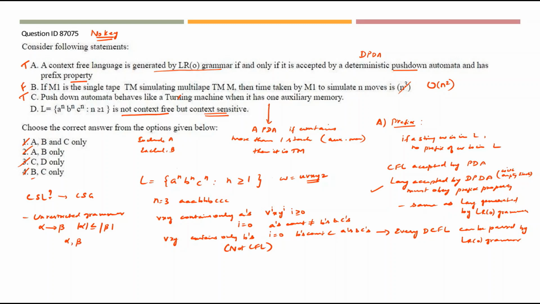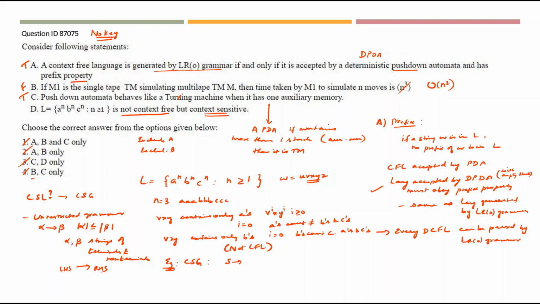Alpha and beta are strings of terminals and non-terminals. A restricted grammar gives a regular language, but as you go higher, it becomes unrestricted. What can you understand from alpha, beta being strings of terminals and non-terminals? It means the left hand side will have a combination of terminals and non-terminals, and the right hand side will also have a combination of terminals and non-terminals.